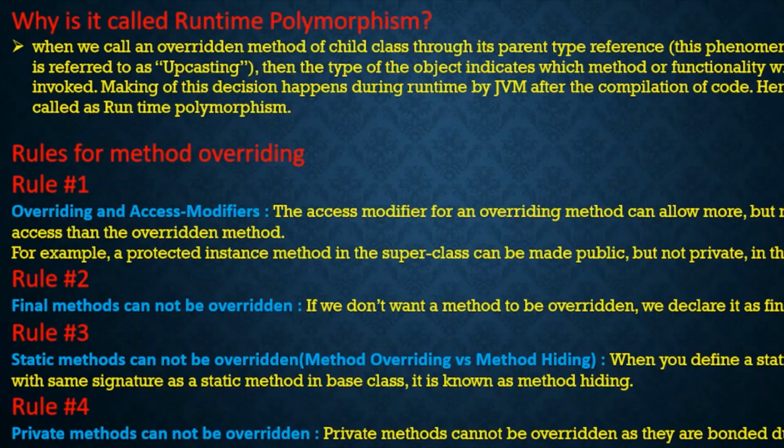I told you this while explaining encapsulation: you write private to restrict the fields or methods so that outside the class no one can access them. So in overriding, if you make the method private, that cannot be overridden in the subclass. You should remember that.